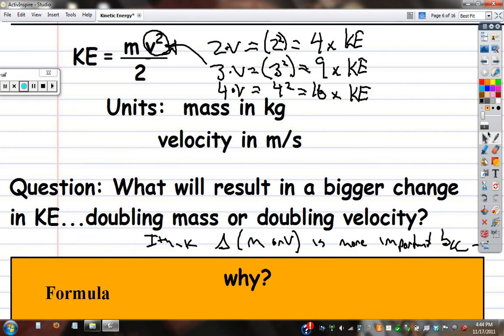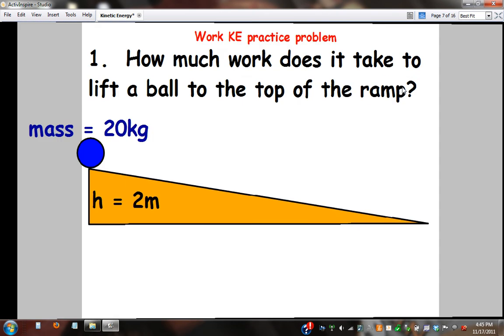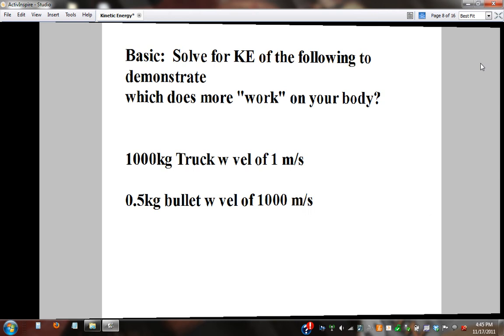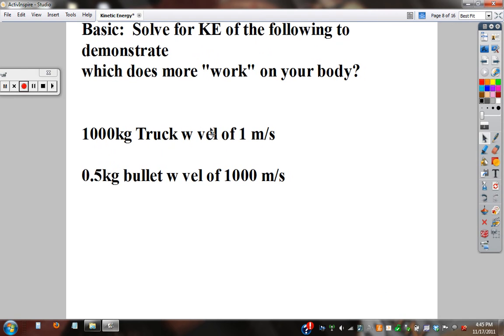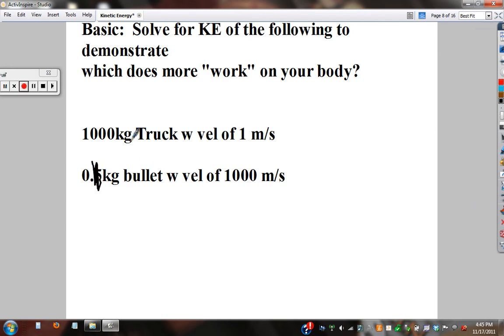So here's your basic question on the test. Essentially, which is worse? Getting hit by a 1,000-kilogram truck with a velocity of 1 meter per second, or a 1-kilogram truck with a velocity of 1,000 meters per second.